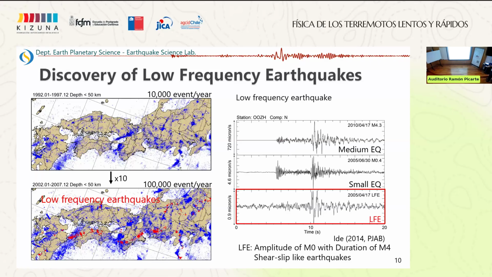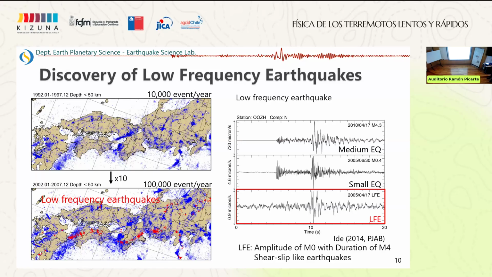These are shaking records of some medium-sized and small earthquakes. You can see that the medium class earthquake has a slightly longer pulse than the small earthquake, because if an earthquake becomes larger, the characteristic shaking period is longer.